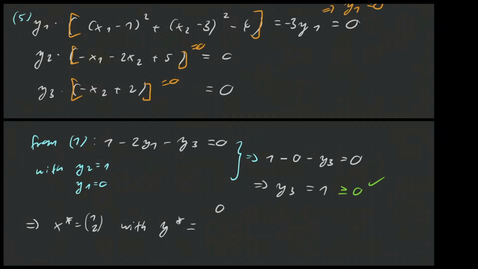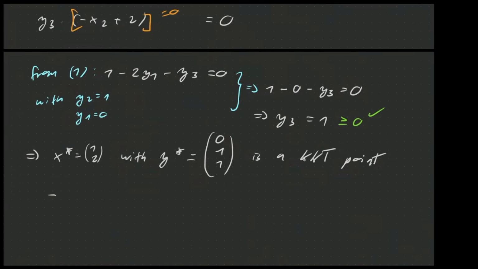Y1 was 0, y2 was 1 if I'm not mistaken, yes, and y3 is also 1. So that means these two fulfill the KKT condition, so that means that is a KKT point. And thus, that is a candidate point for an optimal solution.